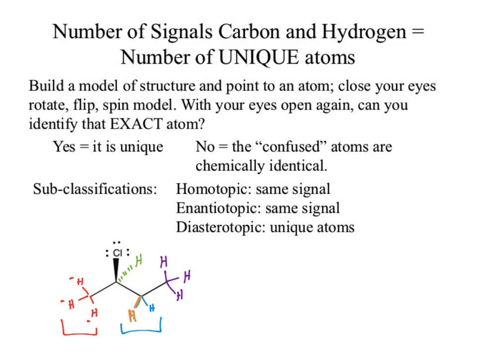This is where you could deal with the enantiotopic stuff if you wanted to. It turns out the blue and the orange ones, let's pick this color, these ones are diastereotopic. Okay, I got that right. And these ones out here are enantiotopic.